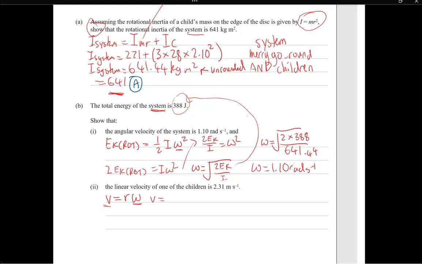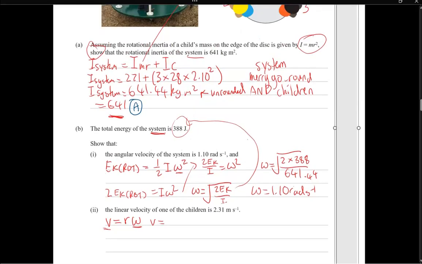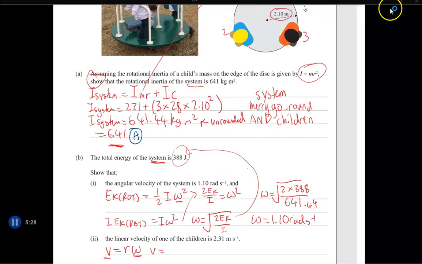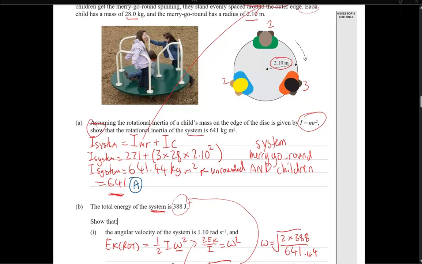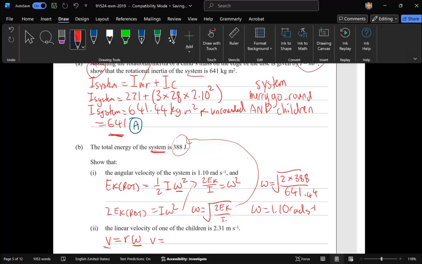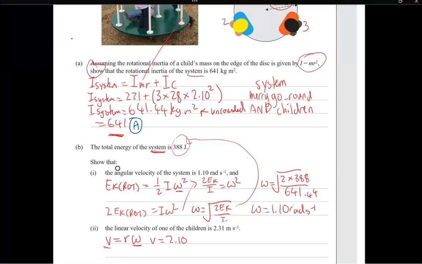It is 2.1, I believe. Yep, the radius is 2.1 up there. So if I switch back to my pen, we can put in 2.1 times the angular velocity we found from the previous question, 1.10, and that is going to give you 2.31, something like that.